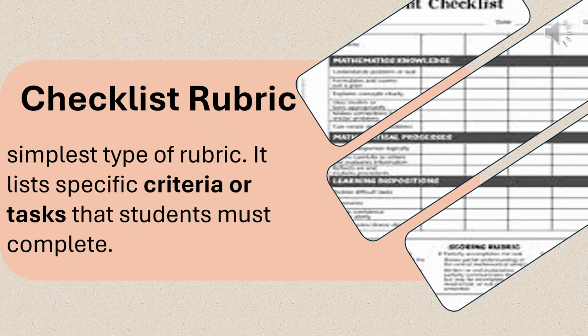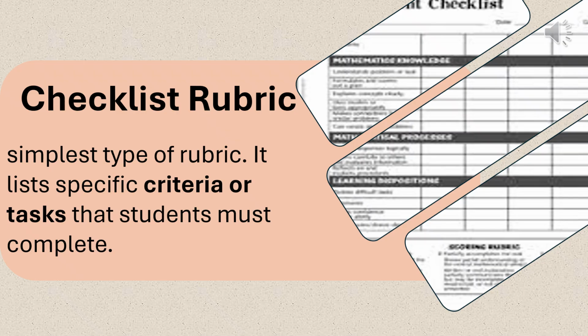Now let's have the third rubric, which is the checklist rubric. A checklist rubric is very simple. It only lists what students are expected to do, and the teacher checks whether each item is done or not.